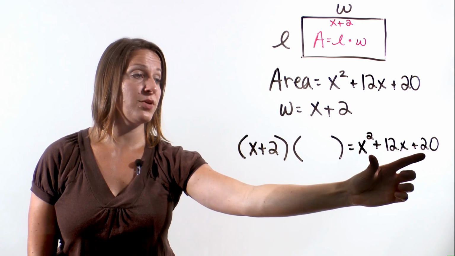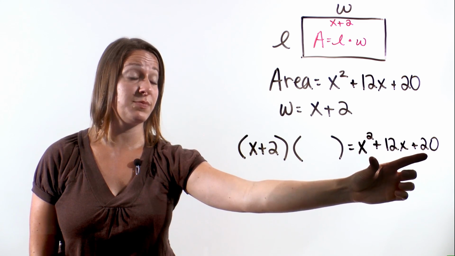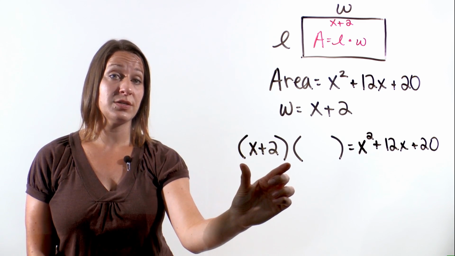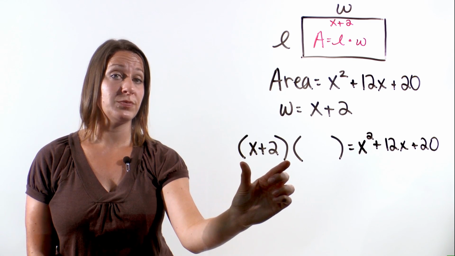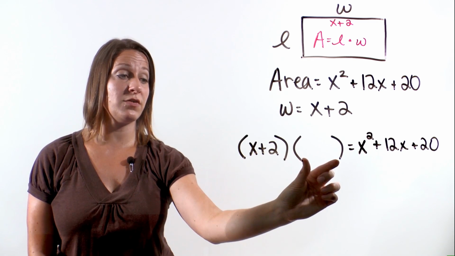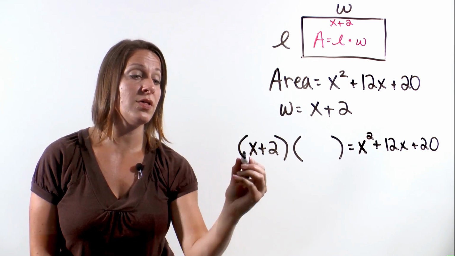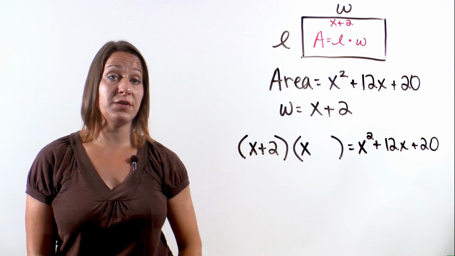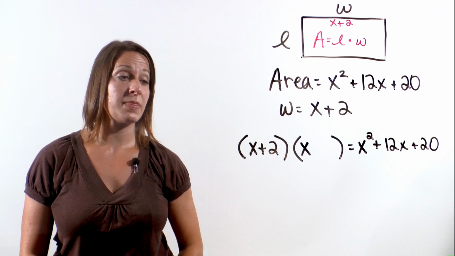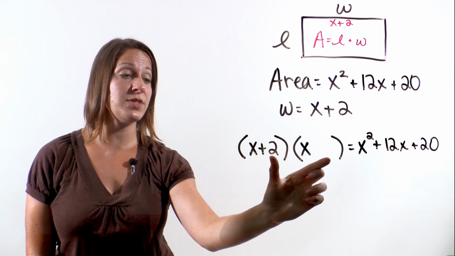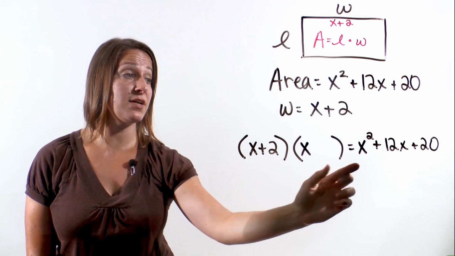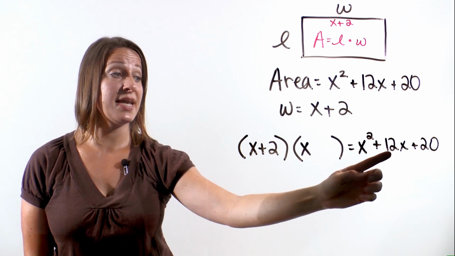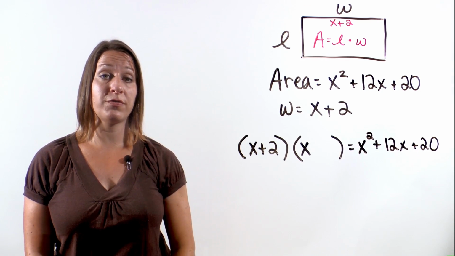If we had the trinomial x squared plus 12x plus 20, and we already knew that one of the factors was x plus 2, let's come up with the other factor. Well, we know there needs to be an x in the first spot. And remember how we came up with these two numbers? We asked ourselves what multiplied to positive 20 and added to positive 12.